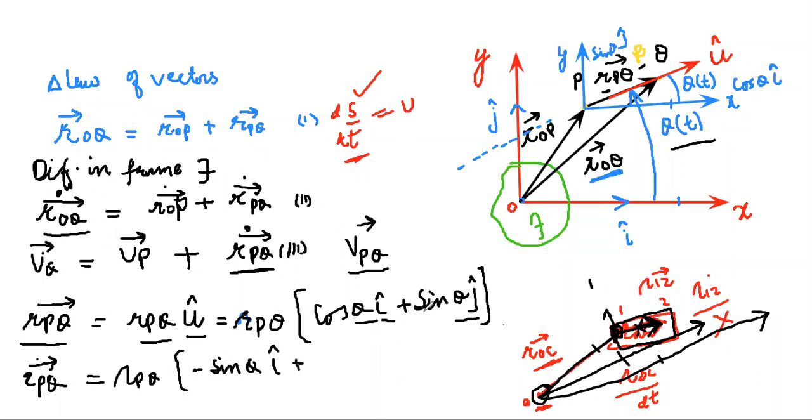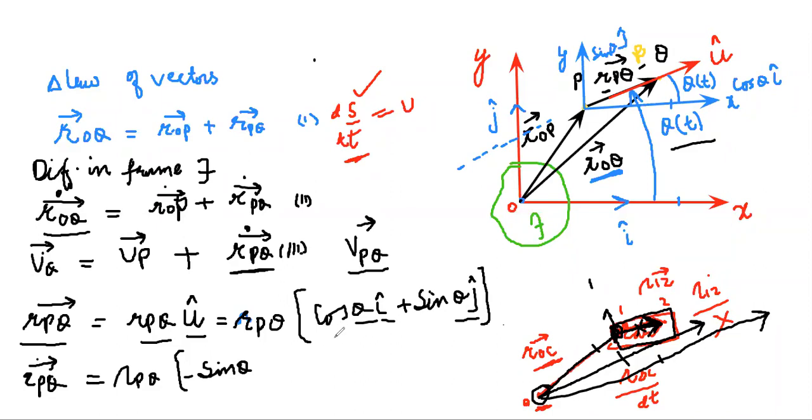Plus, we have to take two things here. First, differentiation of cos theta is minus sine theta. Then the derivative of this theta, because when you differentiate sine theta, it is cos theta into the derivative of theta.